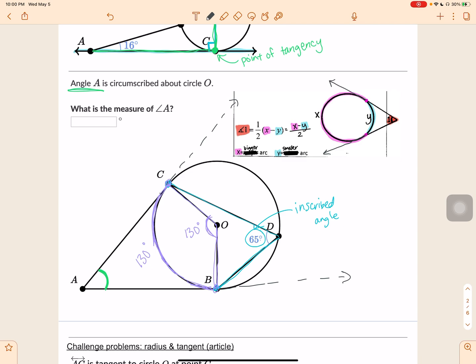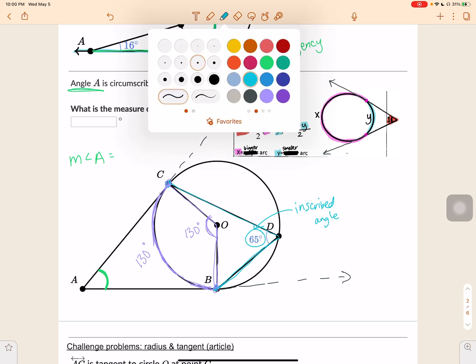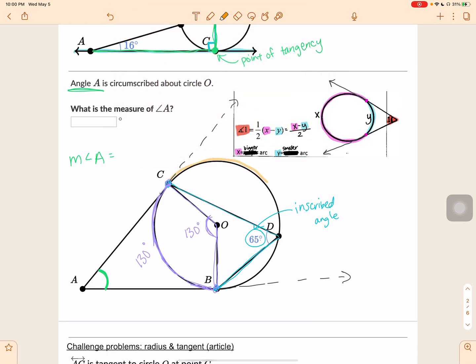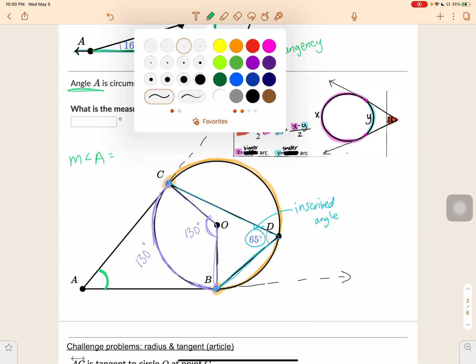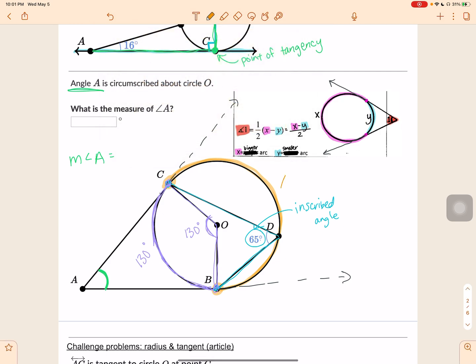So I know that in order to find the measure of angle A, you guys see the big arc that is outside of this. So I'll show you, let's make it orange. This arc measurement here, from where it touches there, all the way across. I need to know the measurement of that arc. So we'll call that X, just like the formula.